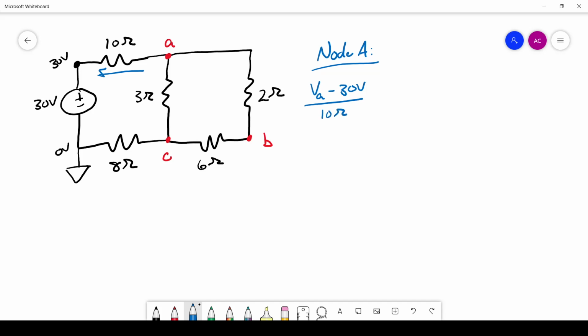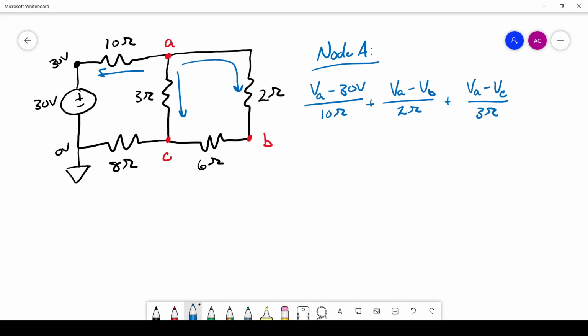Now let's look at this current. This current is going to be VA minus VB over 2 ohms. And then for the final one, this will be VA minus VC over 3 ohms.